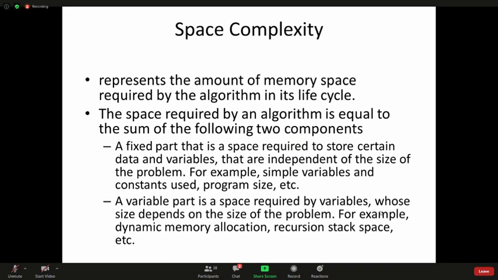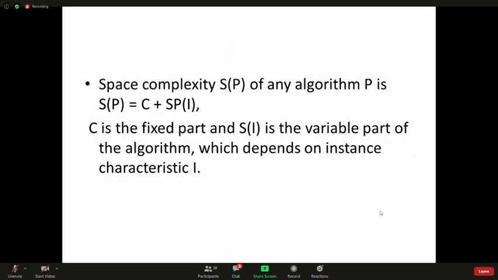Right? If we take the variable, then it has a type. Depending on that, we'll consider the space. For example, dynamic memory allocation, recursion stack space, etc. Then space complexity can be given using S(P) for any algorithm.